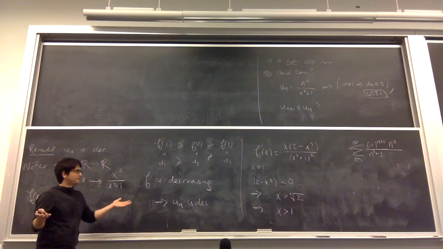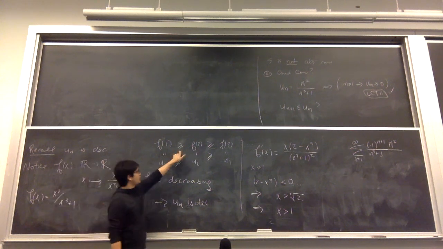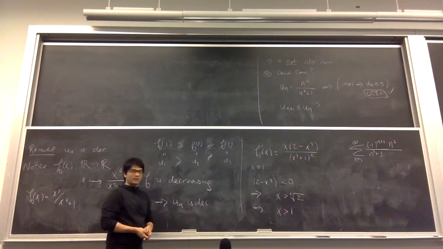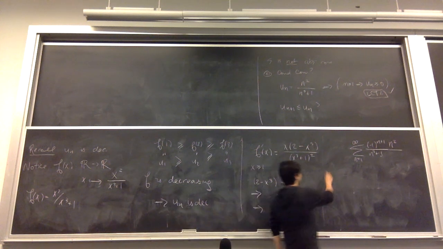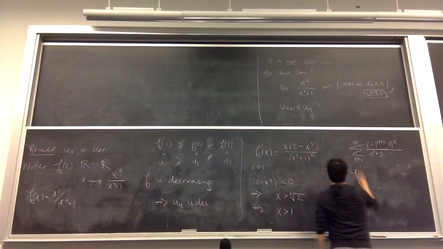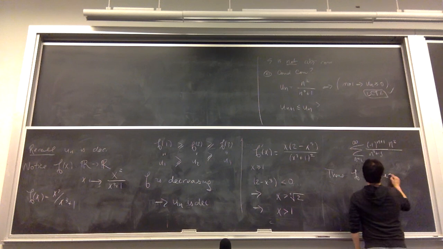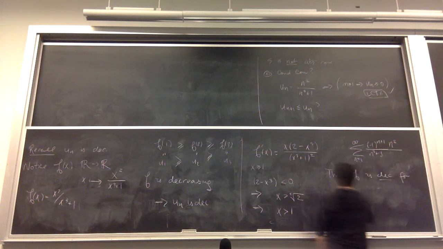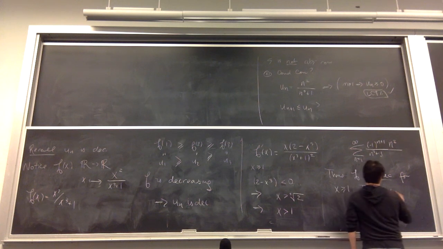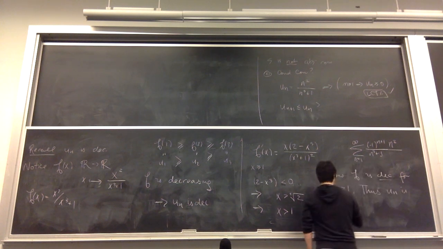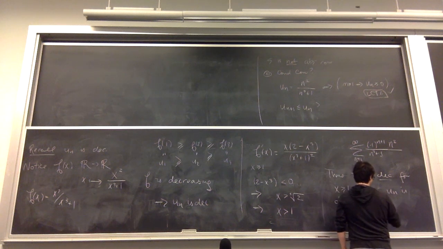Okay, so this is enough, right? So I have established that I can put these in. So thus, f is decreasing for x bigger than 1. Thus, u_n is decreasing, which gives us alternating series test part 2.